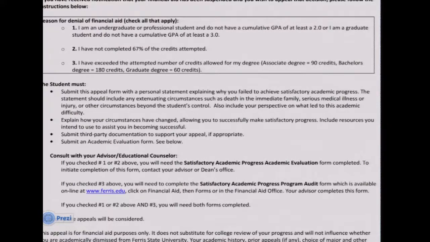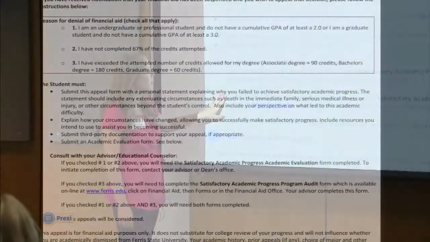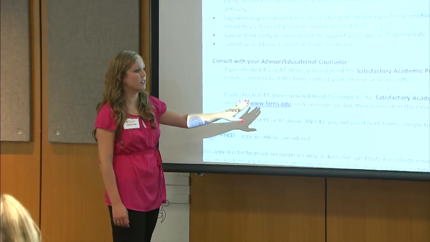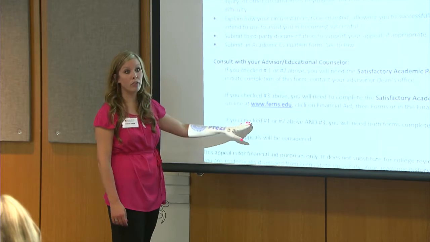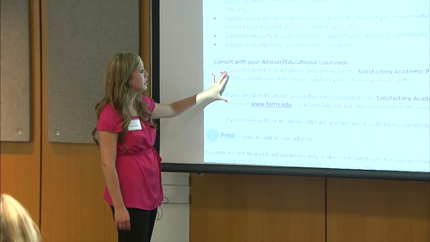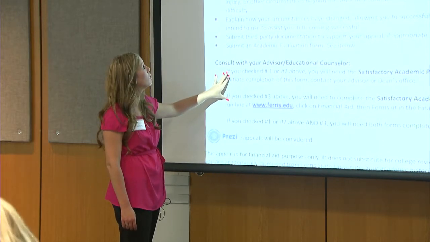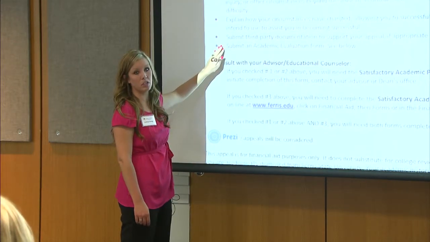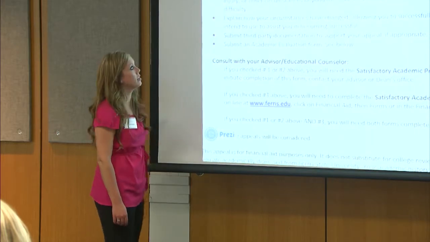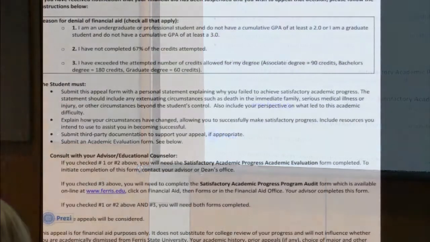And if they checked number 3, which is degree progression, they'll need to have their advisor complete the program audit form. And then if they checked all 3 of the above, they'll have to have the advisor complete both forms. And then the student will also need to fill out all of this information, but that's not something that the advisor needs to do.